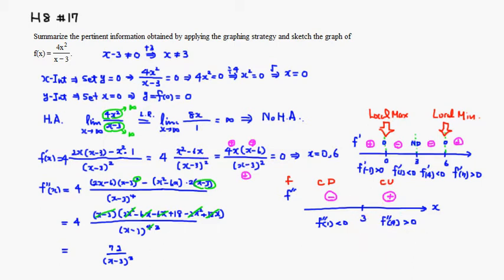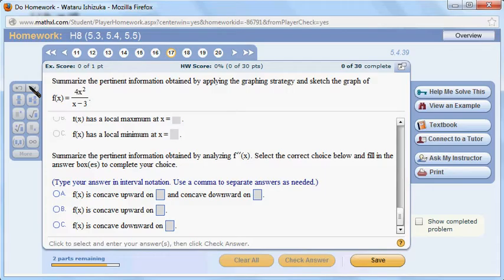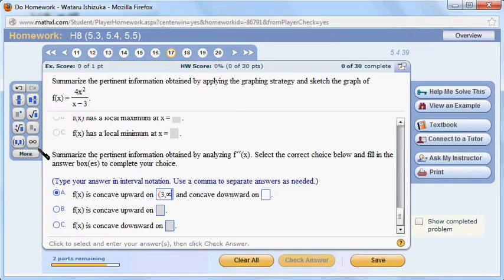So let's type it in. It's concave upward from 3 to infinity, and concave down from negative infinity to 3.